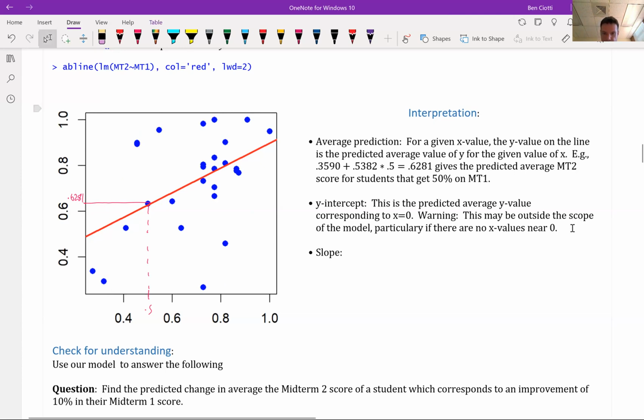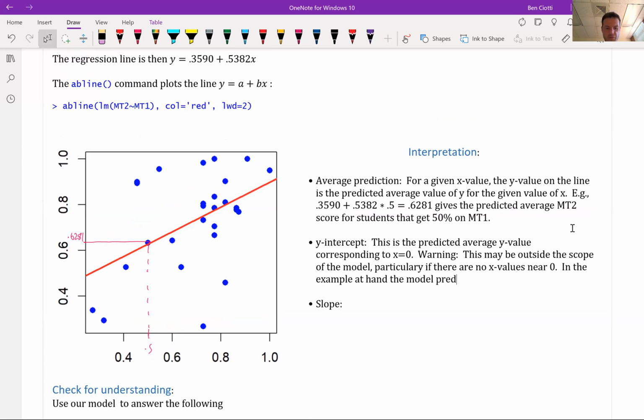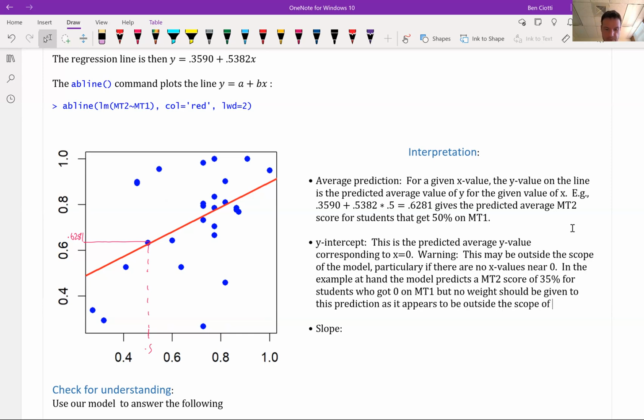So in the example at hand, the model predicts a midterm 2 score of 35% for students who got 0 on midterm 1, but no weight should be given to this prediction as it appears to be outside the scope of the model, as there are no midterm 1 scores near 0.